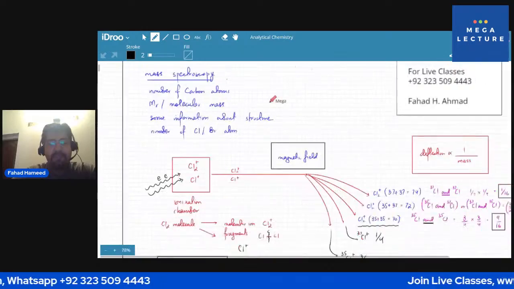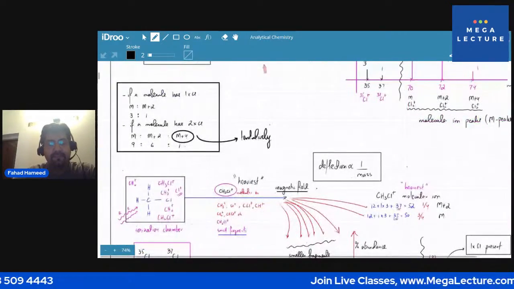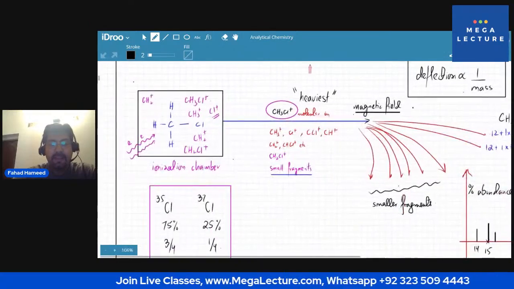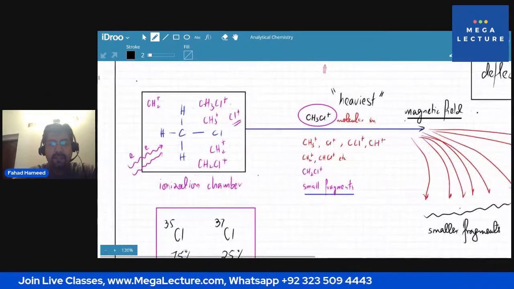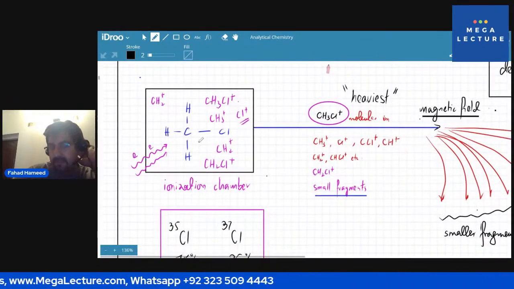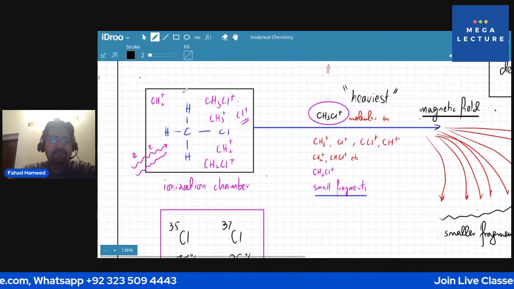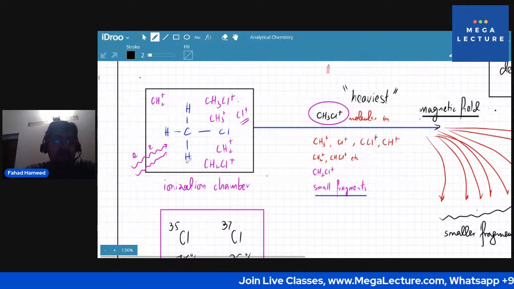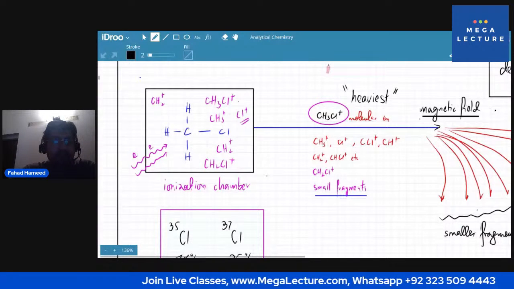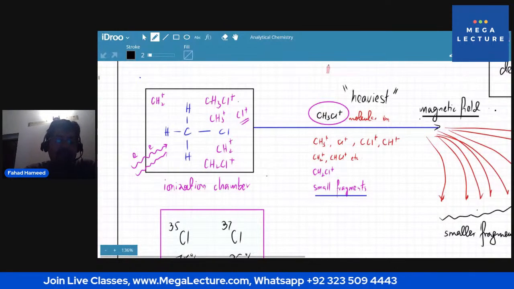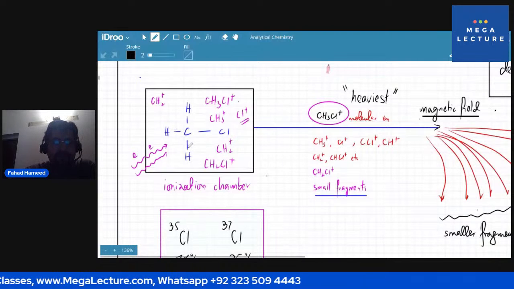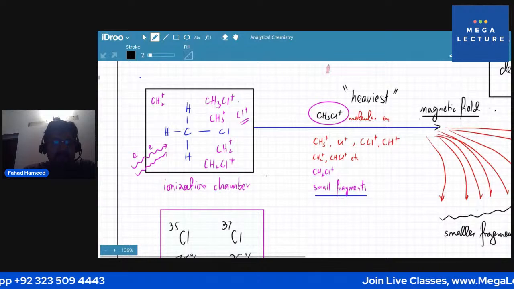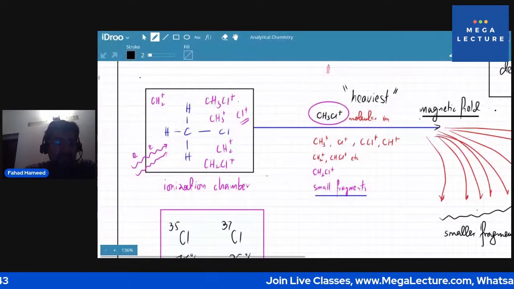So what happens in mass spectroscopy? If you look at this molecule over here, let's say we have a CH3Cl molecule. Remember, we don't know what it is. We're completely blind to it, so we can't see it. Let's assume I've taken this molecule and I start bombarding it with electrons. There's a beam of electrons, smashing into it.